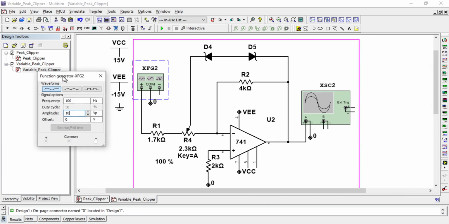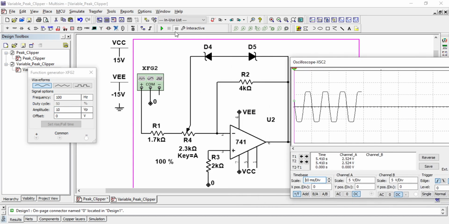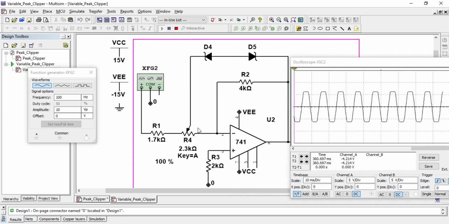In this, I am applying an input sine wave of 10 volt peak, and I have connected all the components which were derived in the circuit. Let us see the behavior of the circuit.